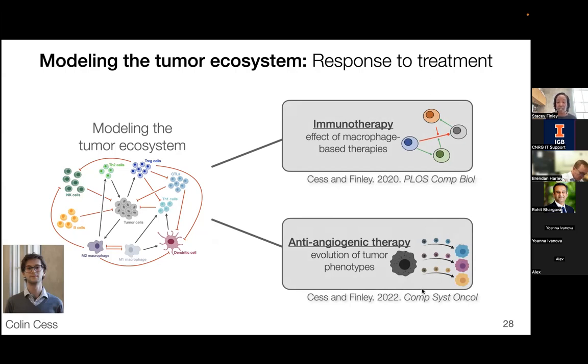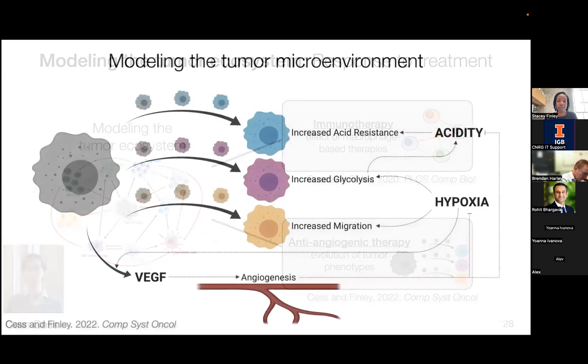This is, again, an agent-based model, and then we can better understand the behavior of tumor cells and then bring back in T cells and macrophages and B cells and natural killer cells. Okay, so I'll talk to you about the evolution of tumor phenotypes, particularly in response to anti-angiogenic therapy as well as chemotherapy.